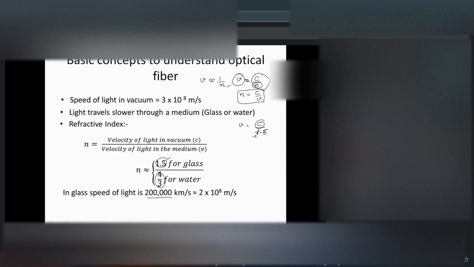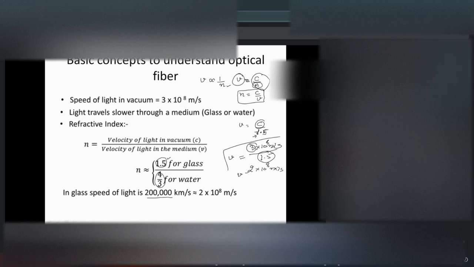So I can predict that the speed of light in vacuum, 3 into 10 raised to the power 8 meter per second, divided by the refractive index of glass gives you the speed of light in glass. This is 3 divided by 1.5, that is 2 into 10 raised to the power 8 meter per second.